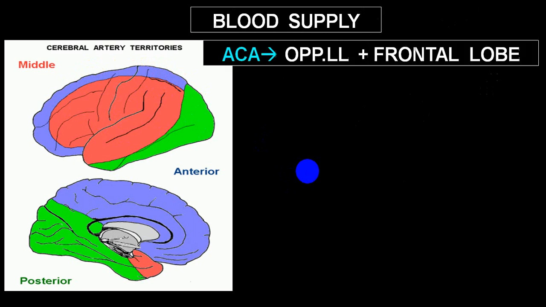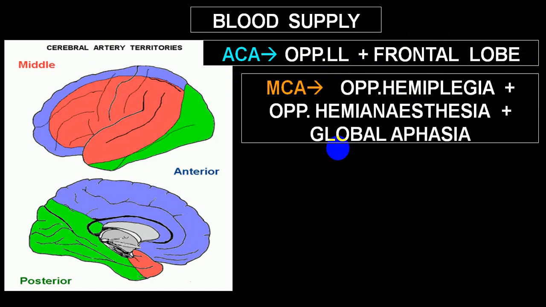So that will be an important clue. If there is an ACA, opposite side lower limb and part of the frontal lobe involvement. If it is an MCA territory, opposite side hemiplegia, opposite side hemianesthesia with global aphasia, because Broca's and Wernicke's aphasia will be together.